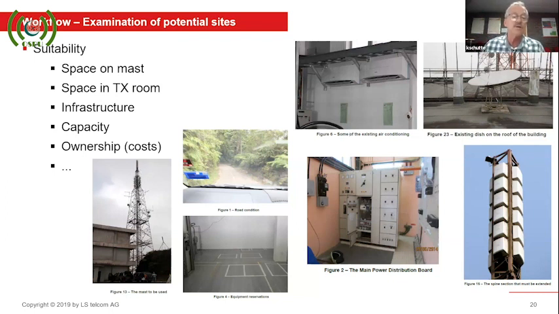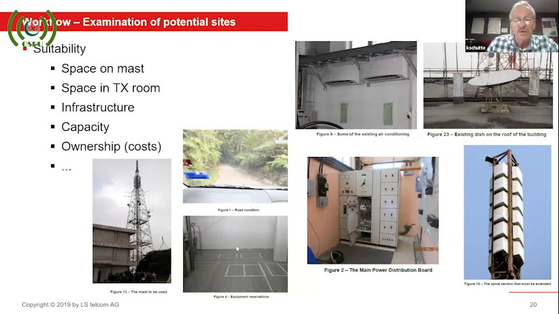You also need to look at the diameter of the mast at that point, because if the mast is too wide, you will have big nulls in between your lobes, and you might end up with not good coverage in those areas.